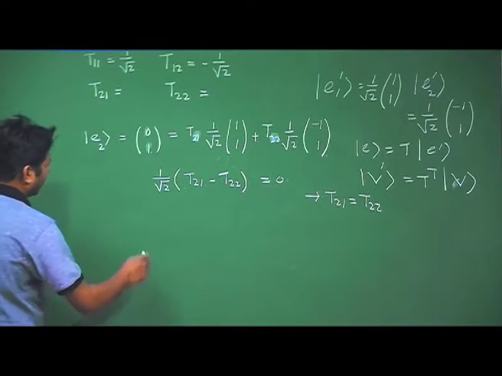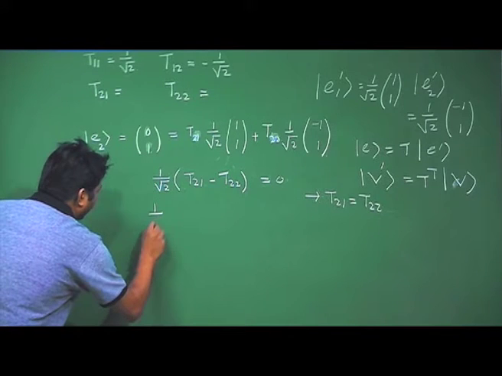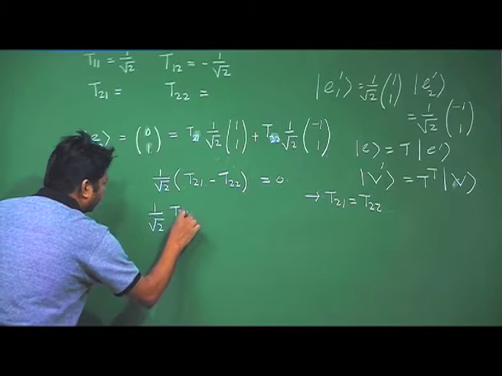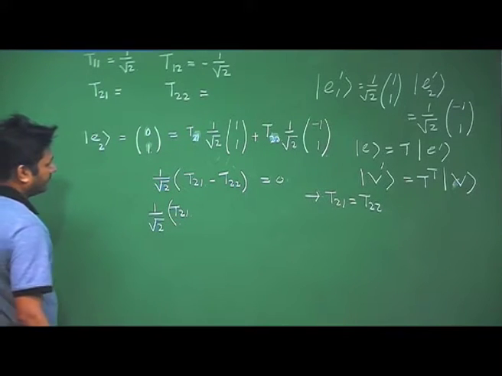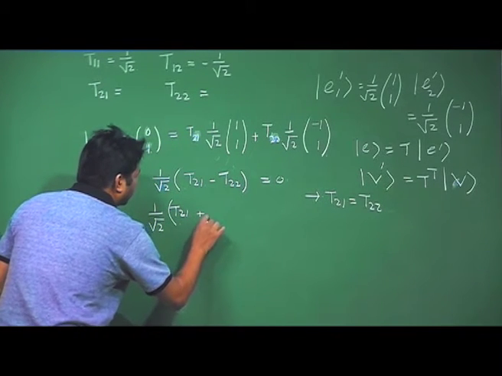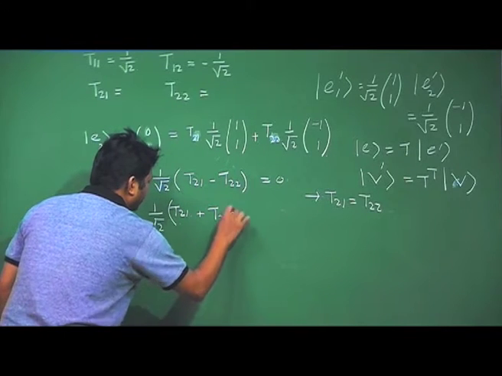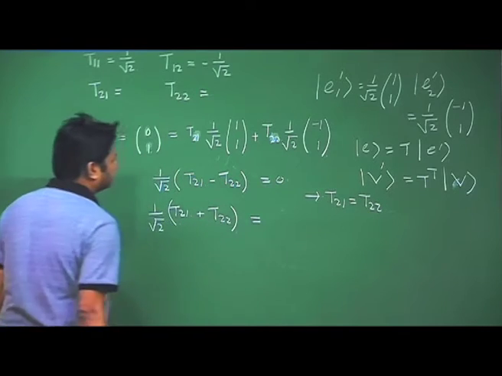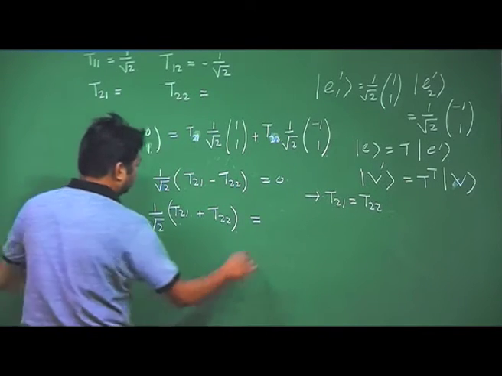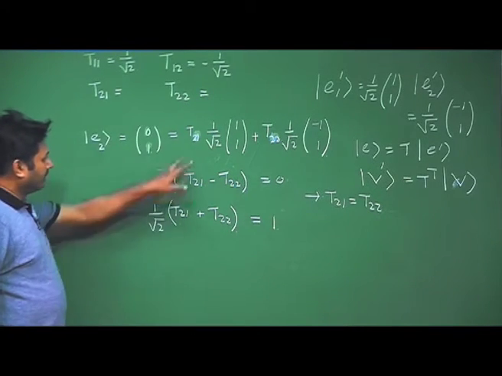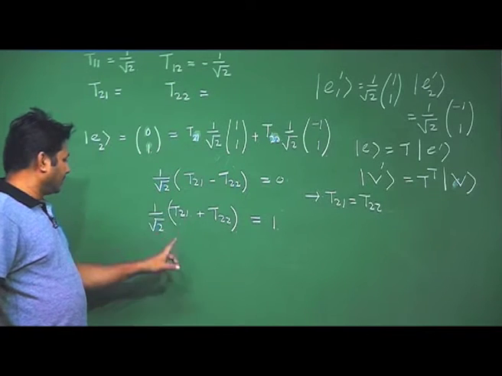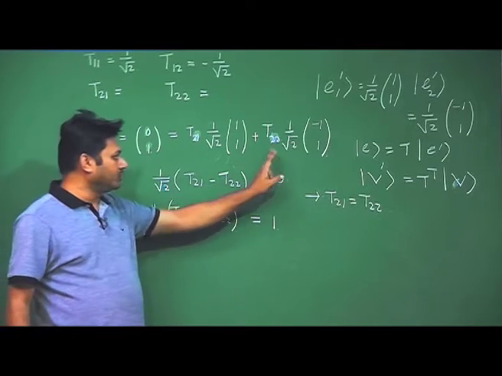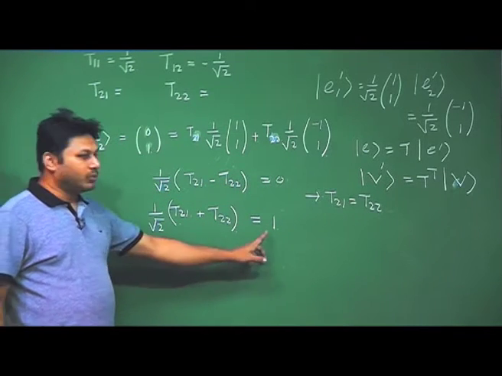The second equation I can write: 1 over root 2 times T21 plus T22 is equal to 1. I take 1 by root 2 common, T21 plus T22 is equal to 1.